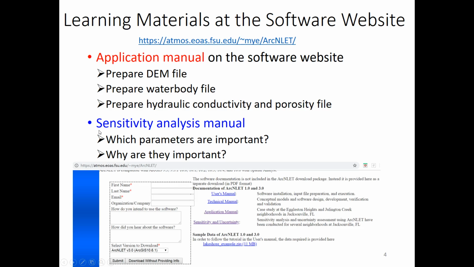We also have a sensitivity analysis manual. This manual talks about how to determine which parameters are important and why they are important. We're going to combine the application manual and the sensitivity manual into this training course.